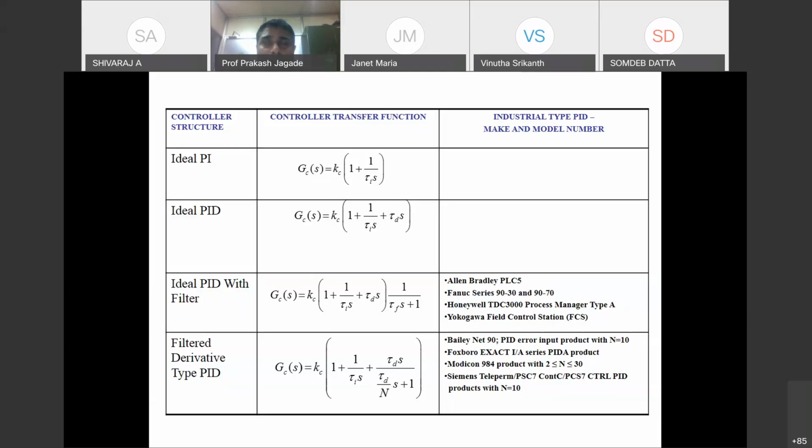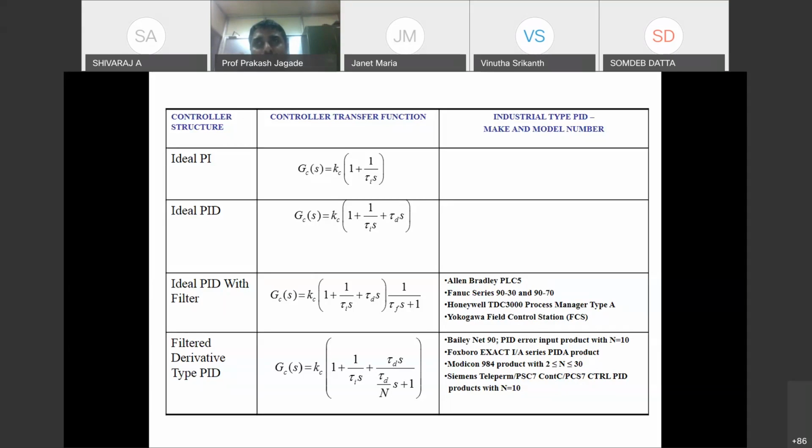This ideal PID controller transfer function is not physically realizable. The reason is, for a transfer function to be physically realizable, the degree of the denominator polynomial always should be greater than or equal to the degree of the numerator polynomial. Here there is a numerator polynomial in s and a denominator polynomial.